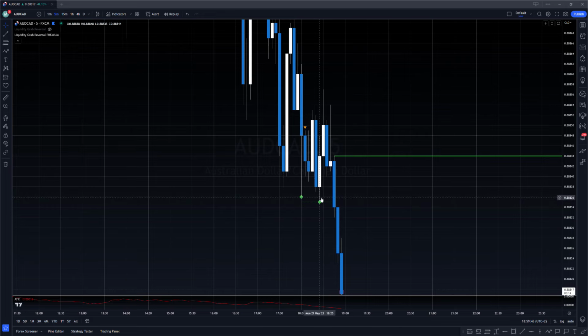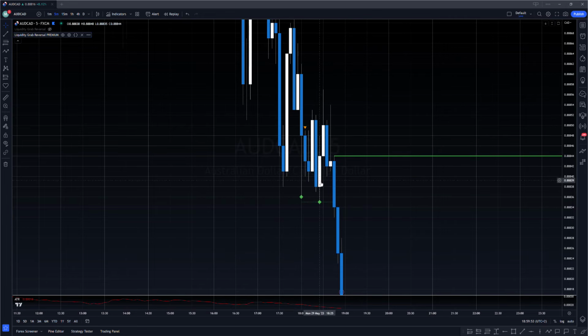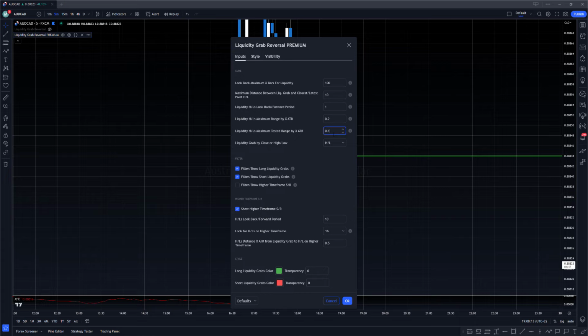If it would be more than the value of the ATR multiplied by this, then this would be considered as tested, and this would not be considered as the pivot low. But there is some deviation where you want it not to be tested, and as you can see, this low is not tested by this low because we have some deviation set here, okay? So you can also filter short and long liquidity grabs.